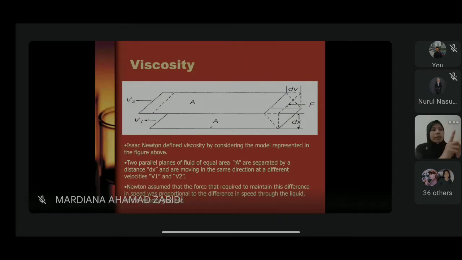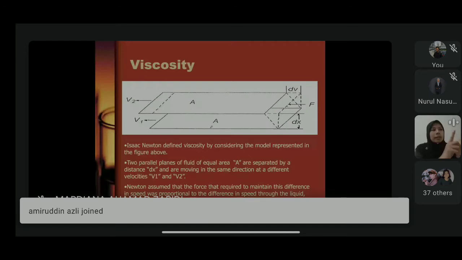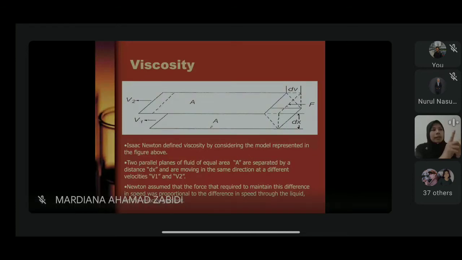Okay, and liquid yang dekat dengan spindle tu, it will move at a faster rate. Tapi liquid yang jauh daripada spindle tu, they will resist the direction of the movement. Tapi slowly they will follow. Okay.